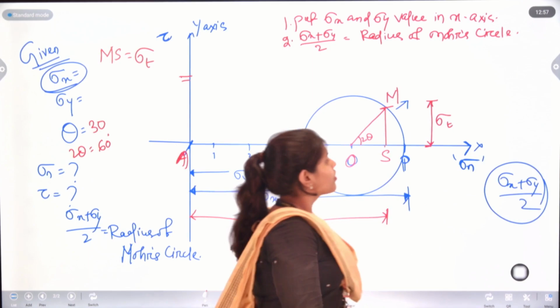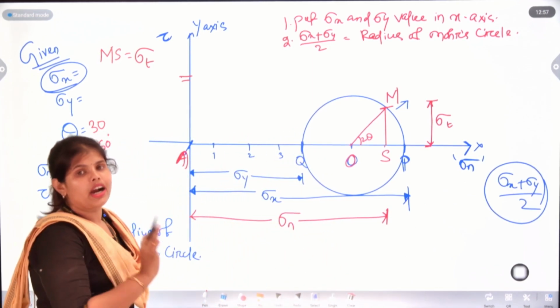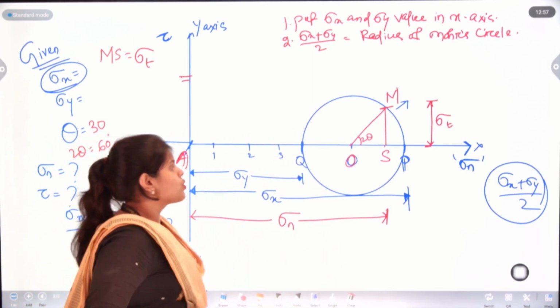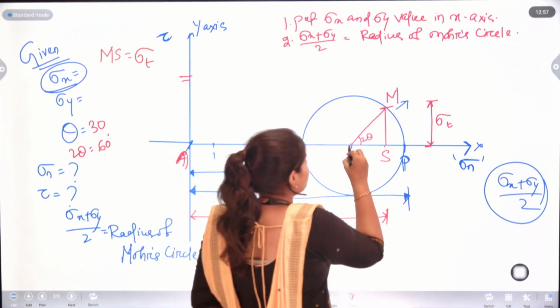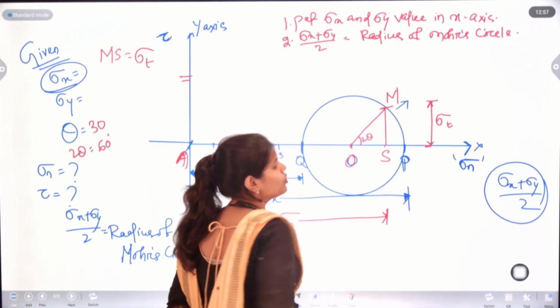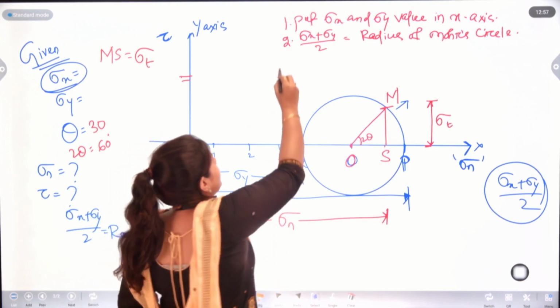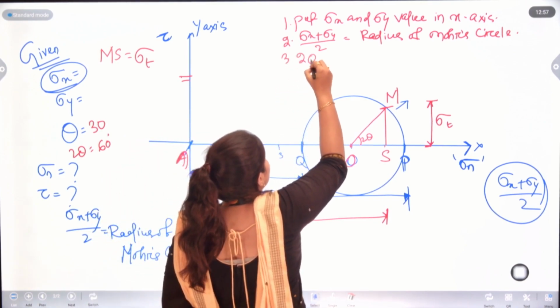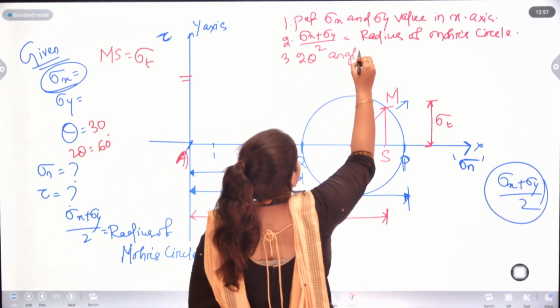Okay. Till now we have the Mohr circle. So from the midpoint we need to draw the 2 theta angle. Finally, the 2 theta angle we need to draw.